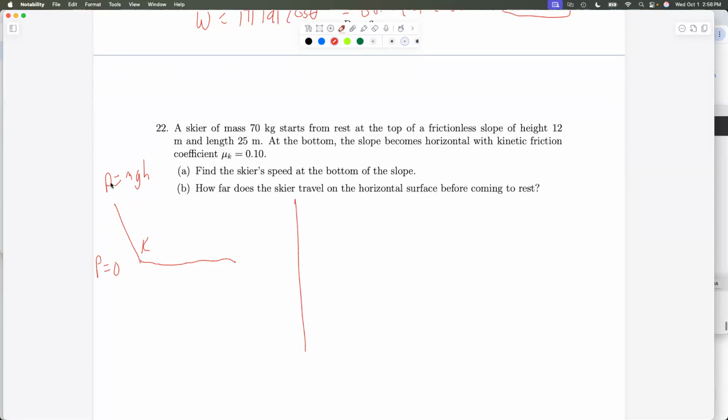So this initial potential will equal this final kinetic, because there's no kinetic up here, there's no potential down here. Just conservation of mechanical energy. Then here at the end, over this region, we're going to do some work so that my final kinetic equals 0 and my final potential equals 0.